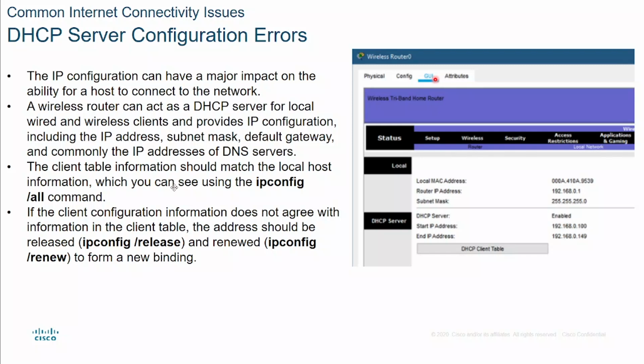If the client configuration information does not agree with the information in the client table, the address would be released. You can use ipconfig /release and ipconfig /renew to get new bindings.